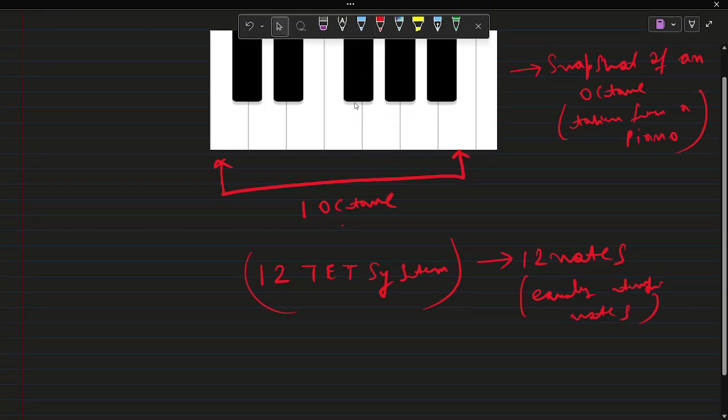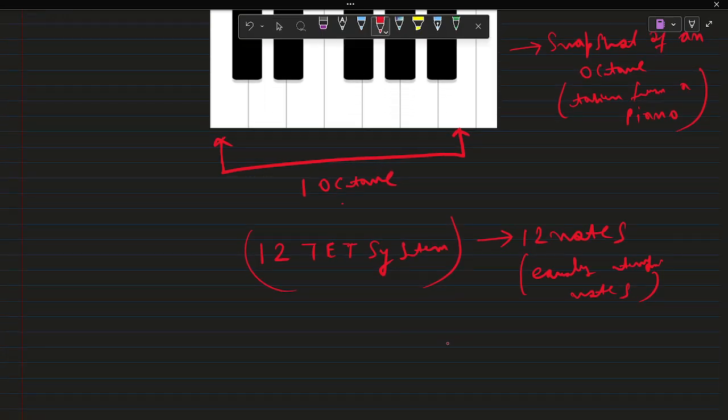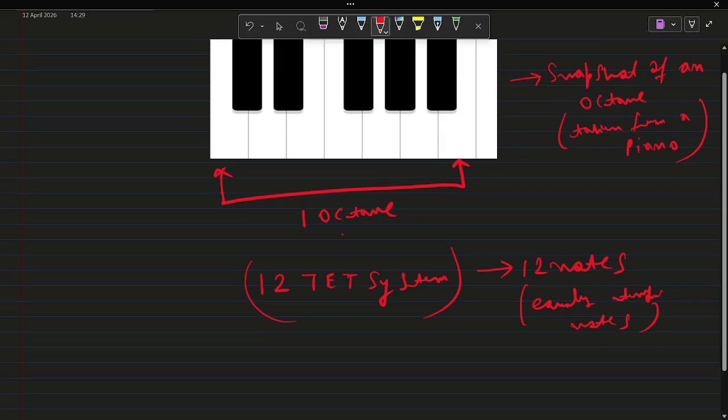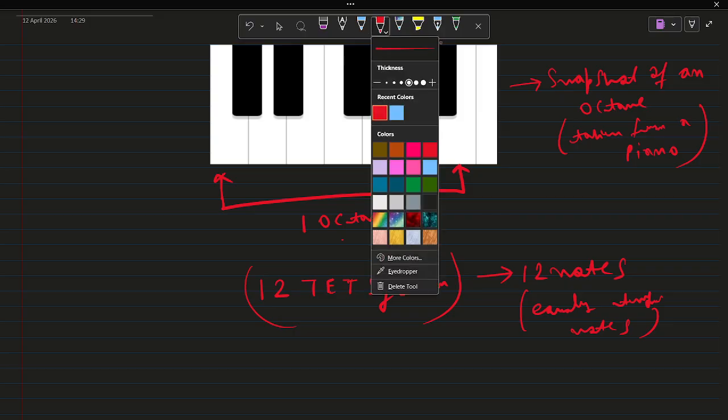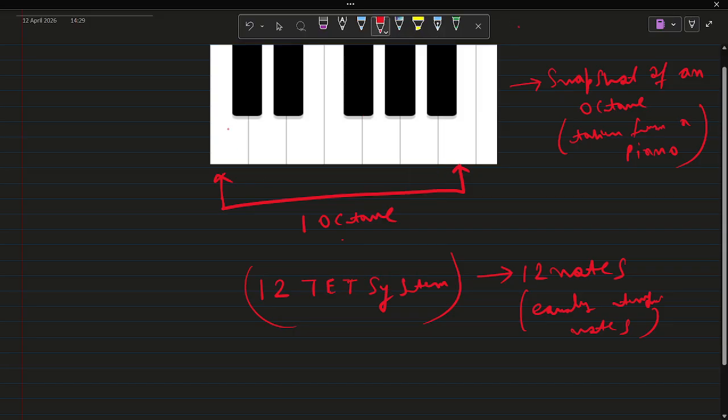It means that if we take the ratio of any two adjacent notes within an octave, the ratio value will be the same.